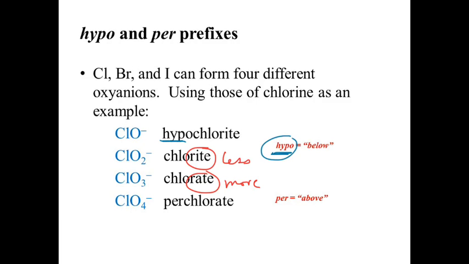Now we have hypochlorite. If you have more than more, then we add the prefix per. So you have perchlorate. Okay, so the ites and ates will get you down the road, especially with regard to sulfur and nitrogen. It also works for phosphorus. We have a phosphite and a phosphate.